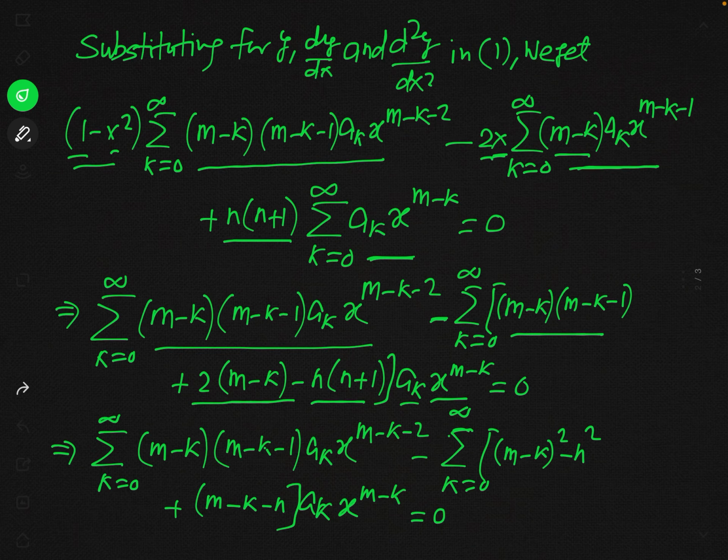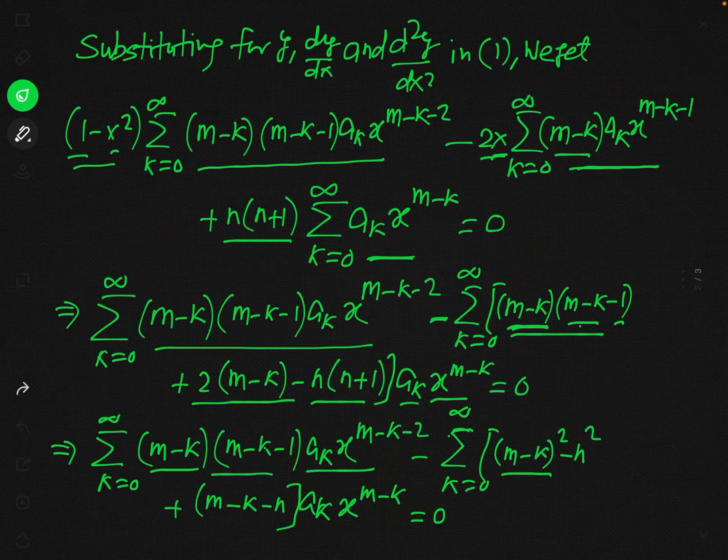Now we will simplify the coefficient of the second term. The first term has no change in this step. Now in the second term you can see, when you multiply this m minus k with this m minus k, the term will be m minus k whole square. So here you can see this is m minus k whole square.